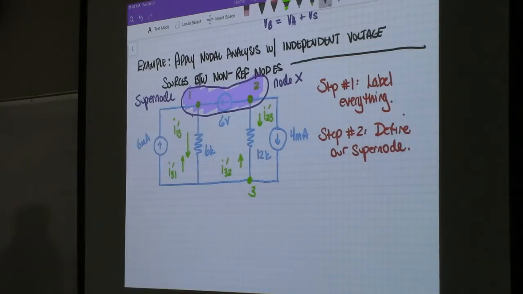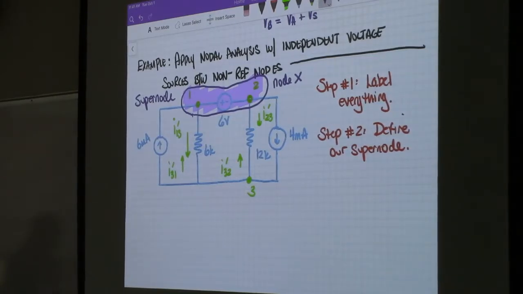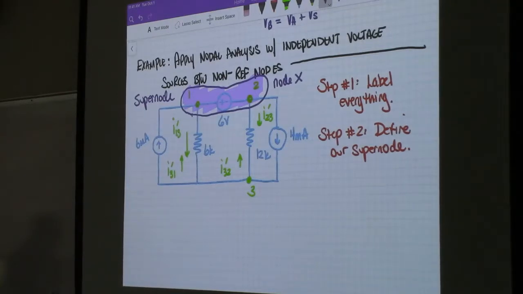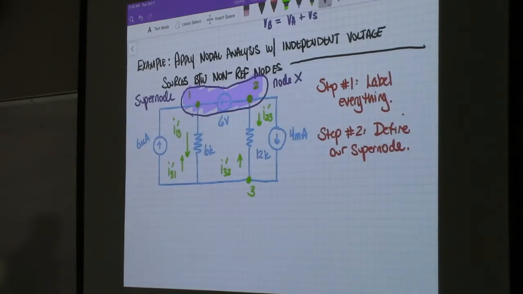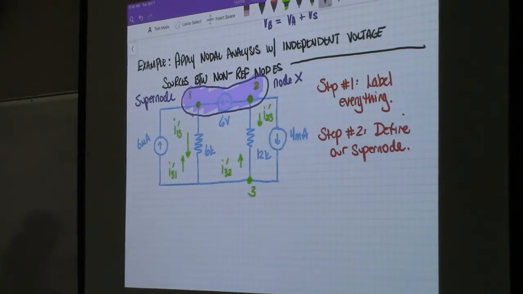Okay, so next, apply nodal analysis with independent voltage sources between non-reference nodes. And so what we have is this circuit here. Let me find my stopping point in the notes. And so let's label everything.